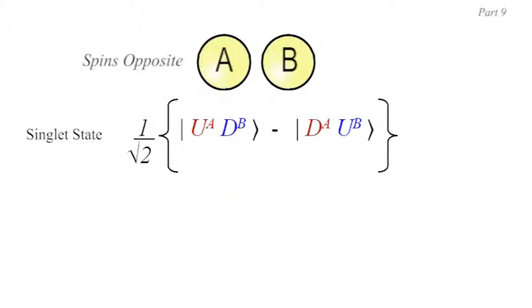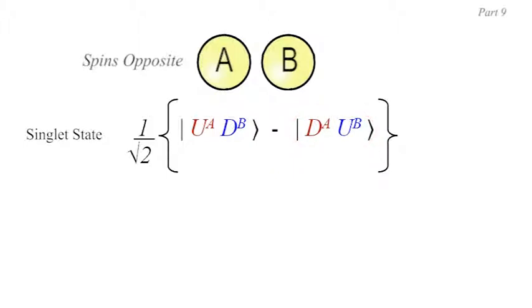There are two things to notice about this, however. First of all, the fact that the coefficients are 1 over root 2 means that if we were to measure the spin component of A or B electrons individually, there is a 50% chance of finding A up and B down, and a 50% chance for A down and B up.